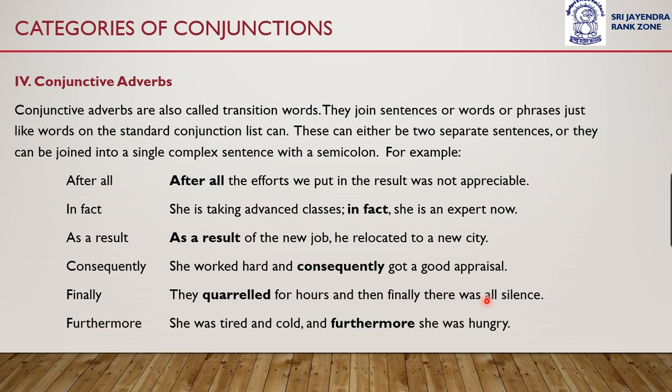Two different phrases are being combined with the help of "finally". She was tired and cold, and furthermore, she was hungry. So here as well, "furthermore" is telling us about an additional condition along with the first two mentioned at the beginning of the sentence. So conjunctive adverbs help transition one phrase into another phrase.